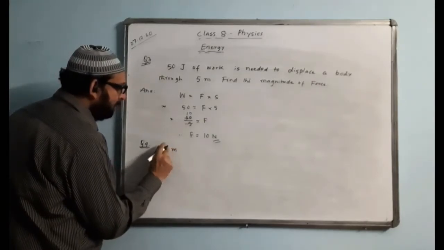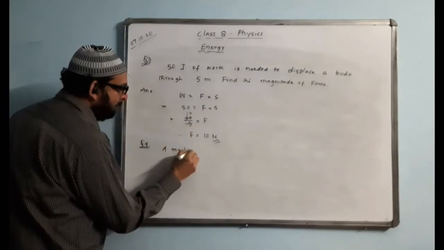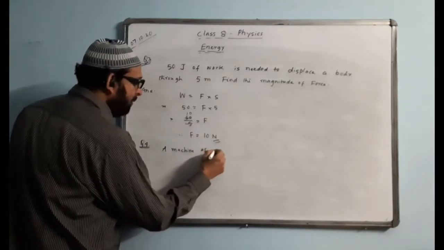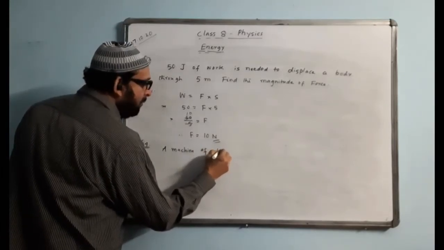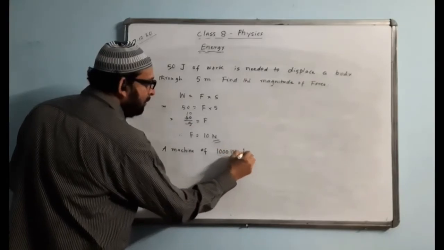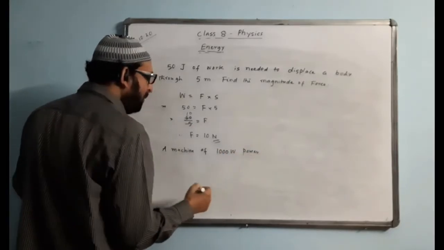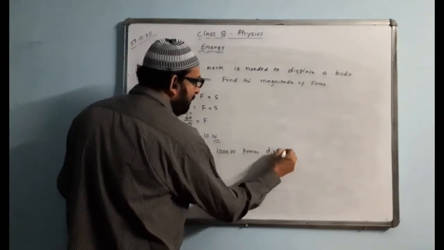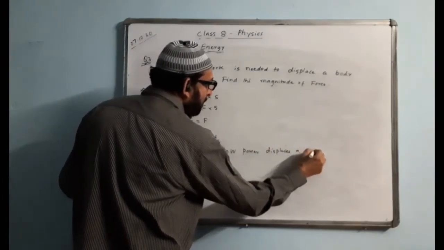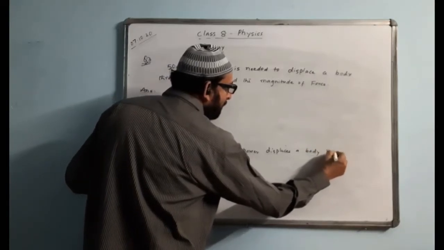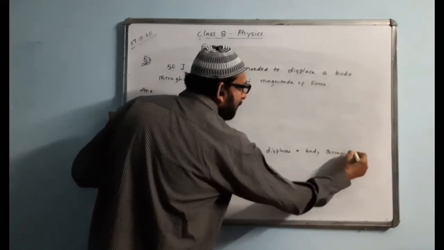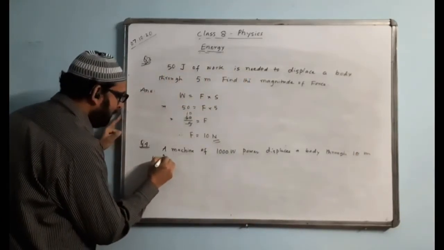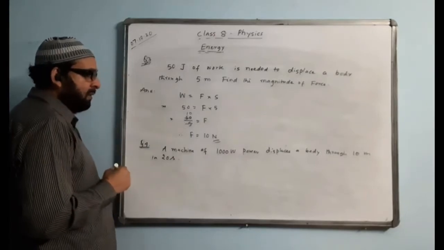Now question number 4. A machine of 1000 watt power displaces a body through 10 meter in 20 seconds.